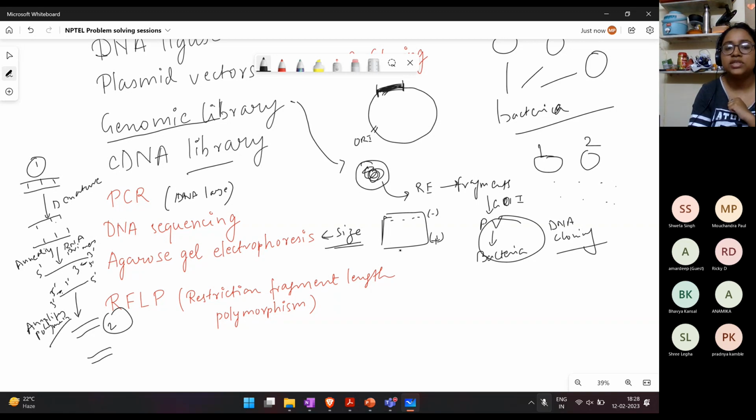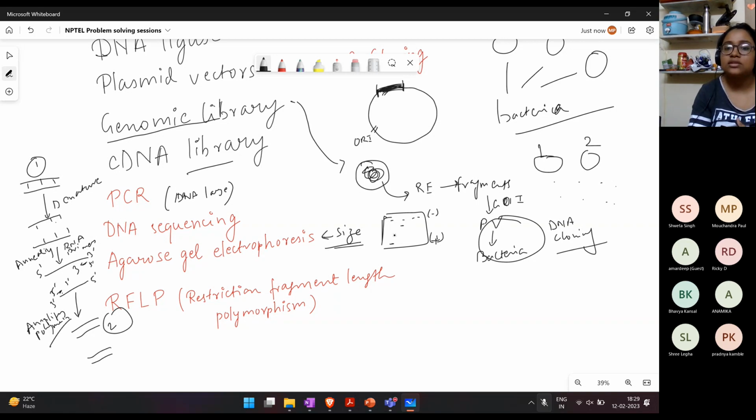Because this agarose gel is a polymer, it has pores in it. If the size of the DNA fragment is quite small, it is easier for it to pass through the pores. So the small DNA fragments you will get towards the end, whereas for big DNA fragments it is difficult to pass through the pores.